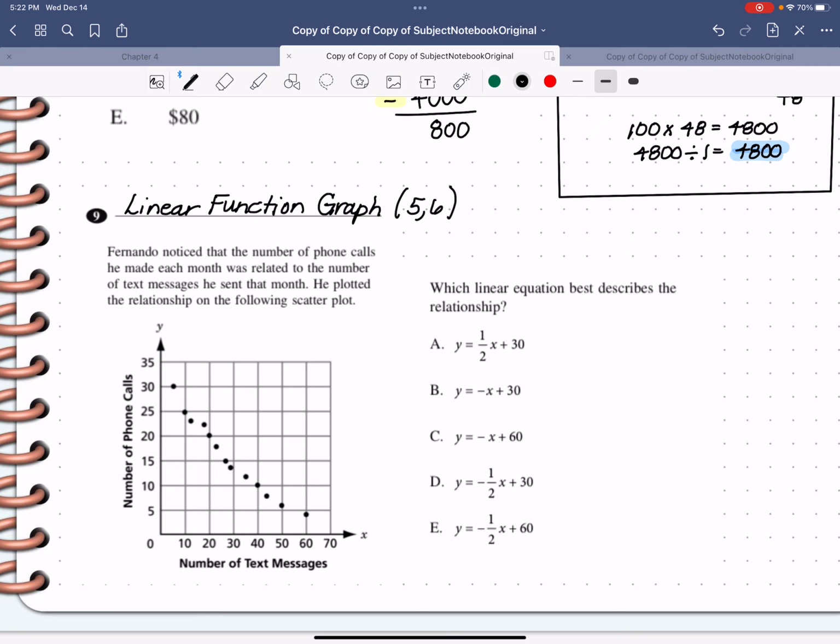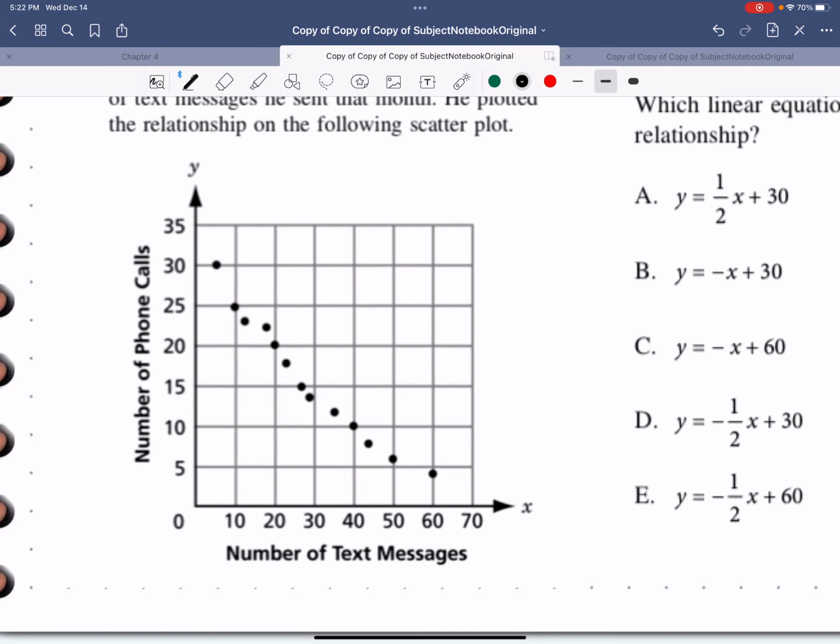So if we're looking at this graph first, we have the number of text messages as the independent variable. This is always the x variable.